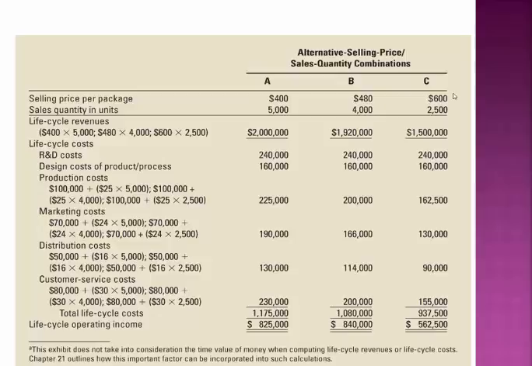And then under scenario C, if we jack that price up to $600 per unit, we only think we can sell 2,500 units. Again, using the variable cost times that quantity of 2,500, we can calculate the variable portions and then figure in the flat fixed amounts, recalculate our life cycle operating income, and we notice that this one is quite a bit smaller, $562,500.